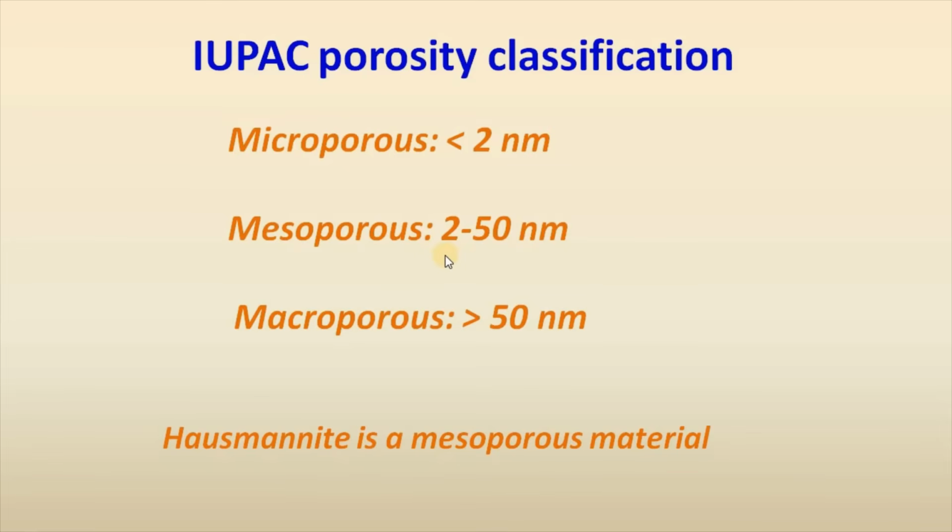However, if it is in the range of 2 to 50 nanometer, then it is mesoporous. And finally, when it is greater than 50 nanometer, then it is macroporous. So, considering this, our sample hausmannite is a mesoporous materials.